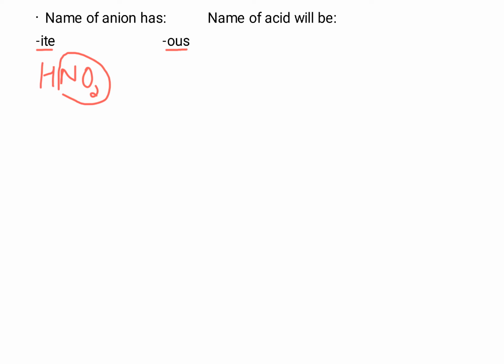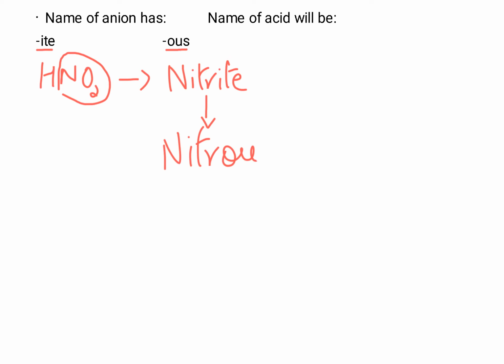Now, if you look this up in your list of polyatomic ions, you're not going to find it because it's not a base ion. It's NO2, which is one less oxygen atom than NO3. And so NO2 is nitrite. Okay, and so nitrite will turn into, you guessed it right, nitrous. And of course the word acid at the end.